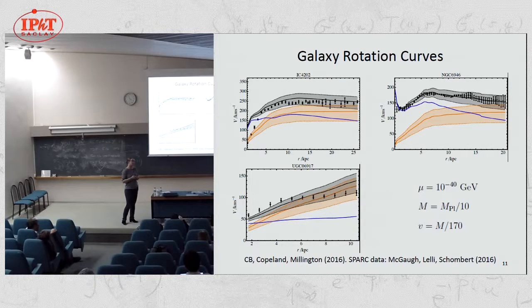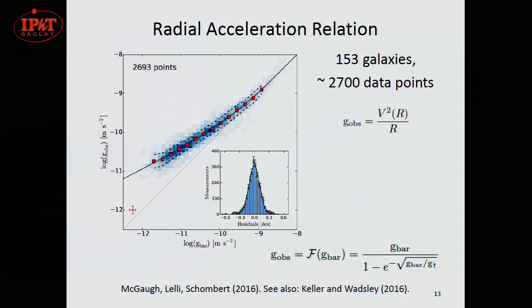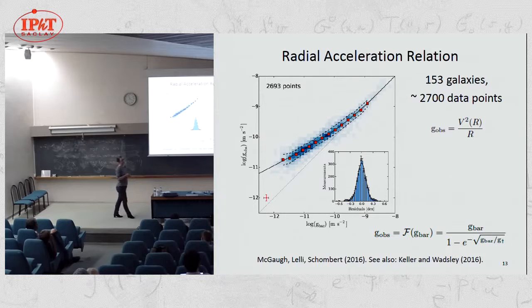I can't say anything. My question was about what you just said about the acceleration scale. If you go to the next slide, that one. If you look at that curve, it has two limits, and in between you have an acceleration scale. Sure, and that comes from the data. Yeah, so the data has an acceleration scale embedded. The question is, can you somehow from a symmetron or chameleon, whatever, get an acceleration scale?